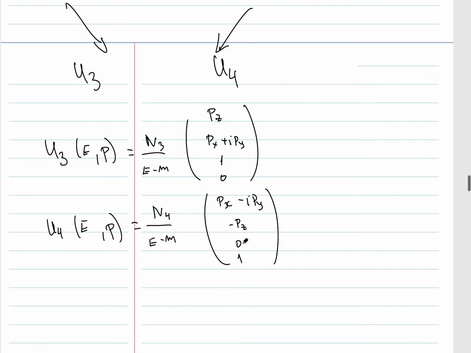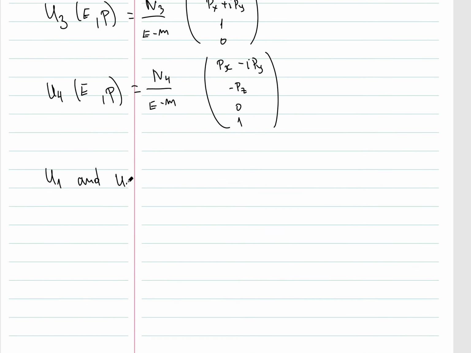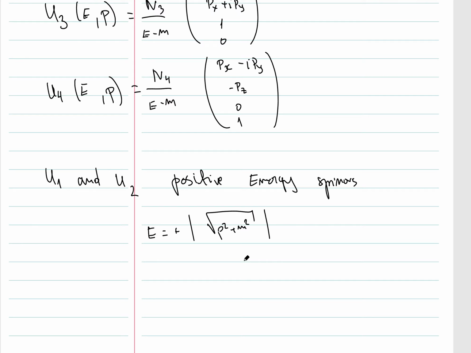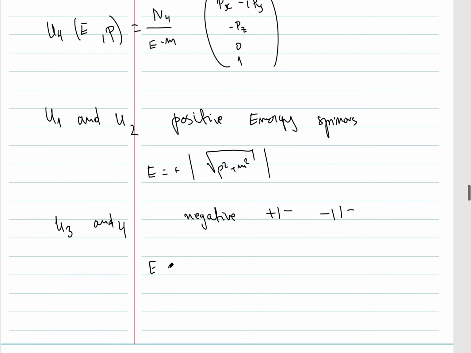U1 and U2 can be identified as the positive energy spinors, with E being plus the square root of p squared plus m squared, and U3 and U4 as negative energy spinors, with E being minus the square root of p squared plus m squared.